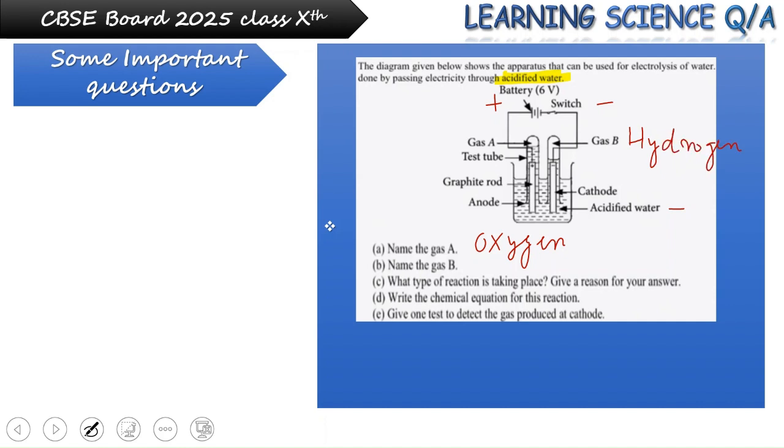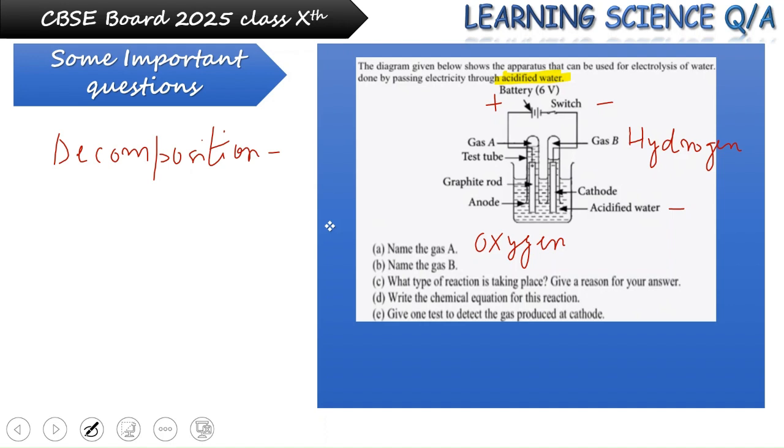Or you can say the electrode connected with the positive terminal of the battery will get oxygen released, and the electrode connected with the negative terminal of the battery will get hydrogen gas released. Now, what type of reaction is taking place here? The reaction is electrolysis of water, which is a decomposition reaction, because water is breaking down into its constituent gases.